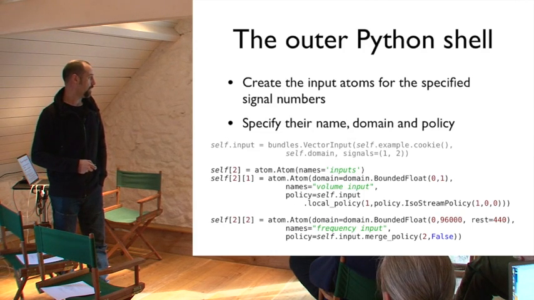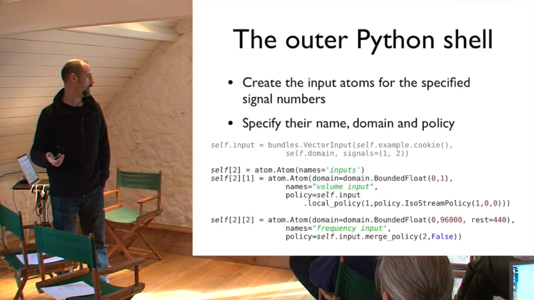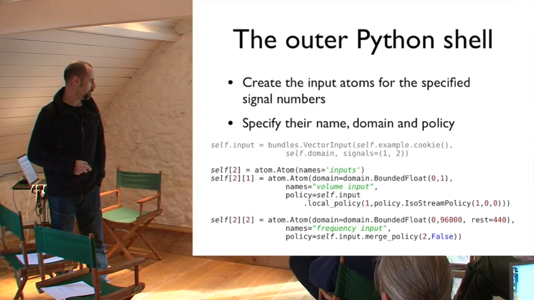And so apart from that, you've got different domains that you specify, which is very specific to what kind of input you have. So volume input goes from 0 to 1 for the gain. Frequency goes from 0 to 96K. And then another interesting part here is the actual signal identifier, which ties into the declaration of the input here.